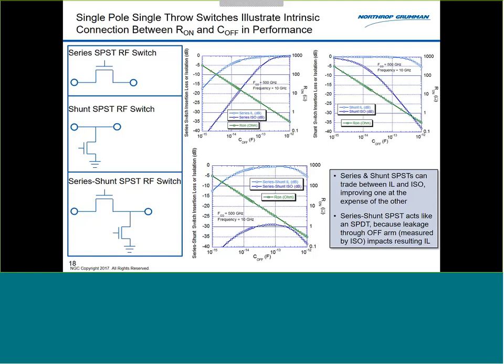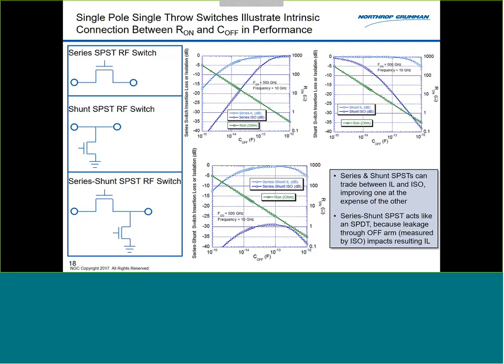A series shunt is kind of interesting because it's like a simplified version of a single pole double throw switch. Once again, isolation turns into loss: anything that doesn't get through and starts leaking out the second device starts to show up as insertion loss. That's why, instead of a relative maximum, what I want in my design is the biggest difference between my insertion loss and my isolation.